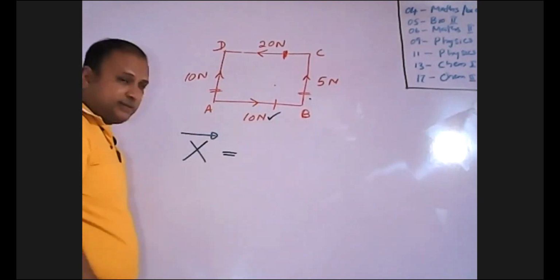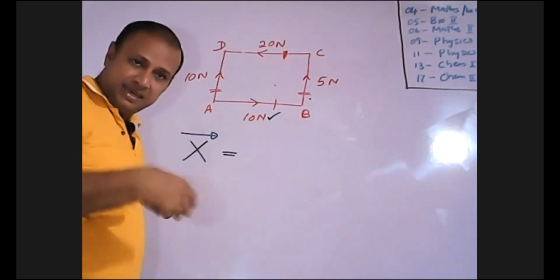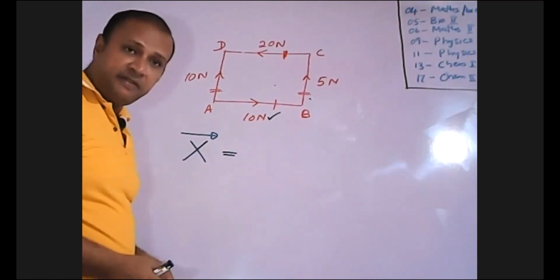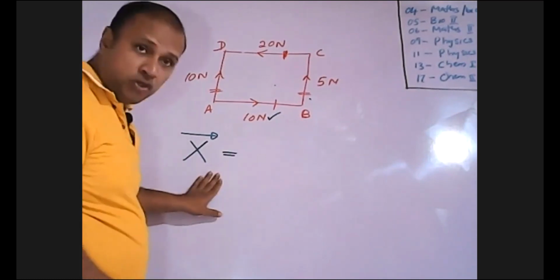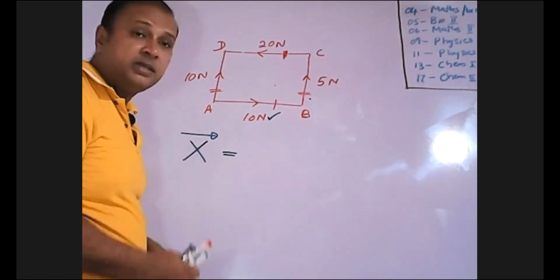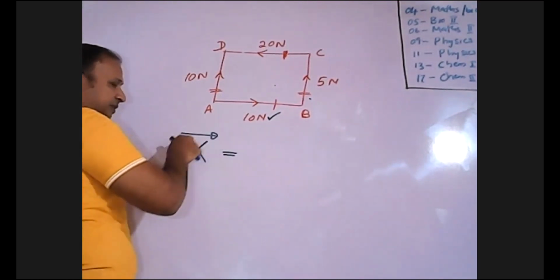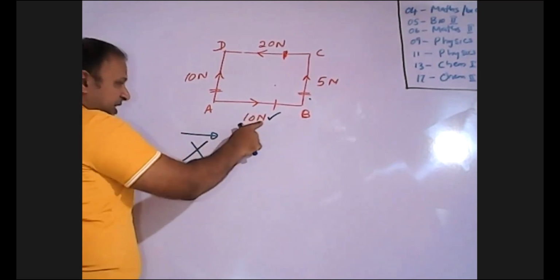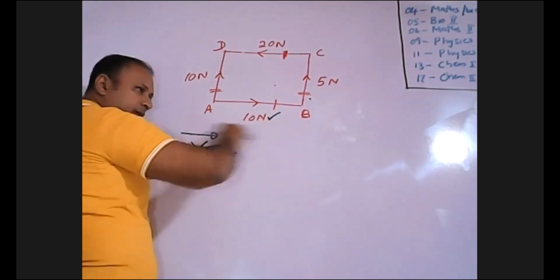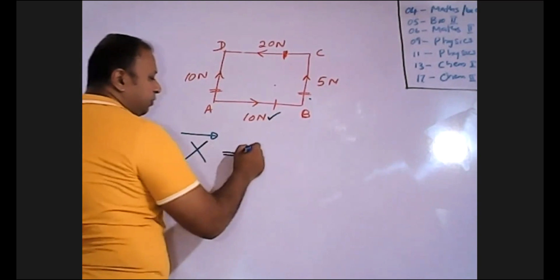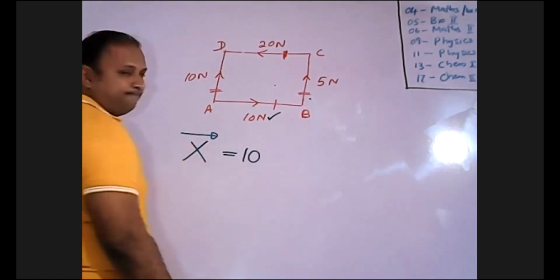It is a positive x. That is the sign convention I'm going to use for this question. According to this sign convention, this force is in the positive direction. Therefore, 10 Newton is positive.